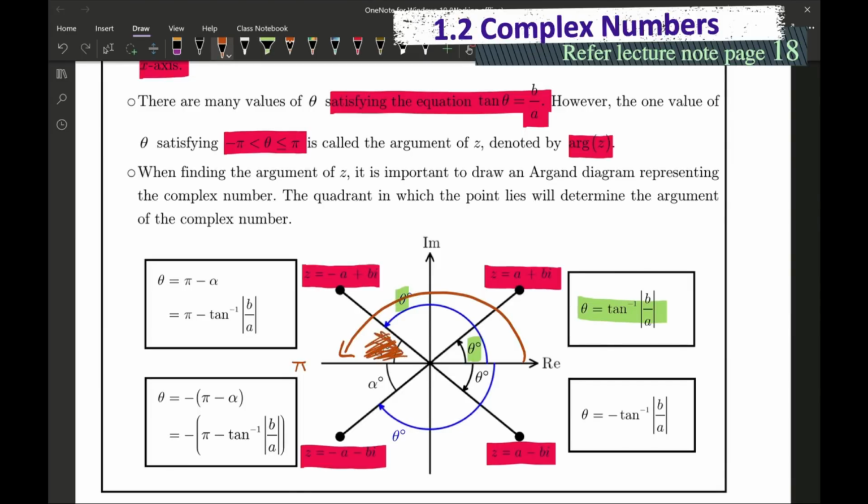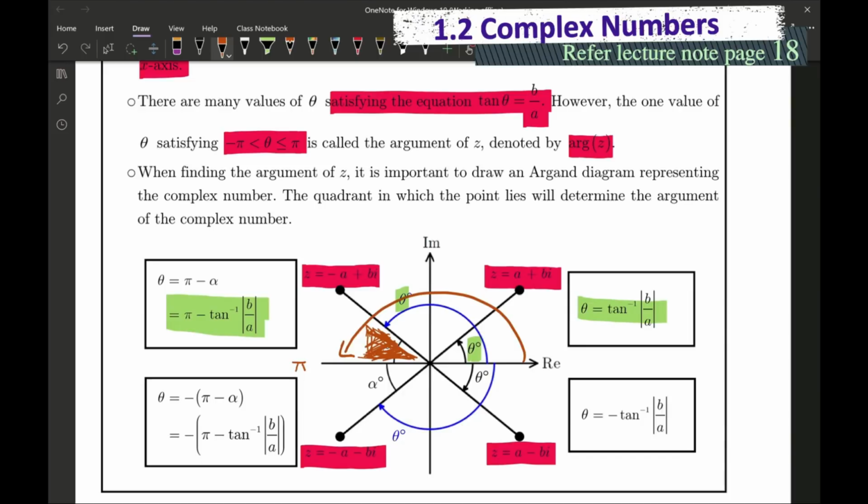That's why the way to find our theta is pi minus tangent inverse of modulus of b over a. We subtract this area, and we get the value of theta that we want. So if it is in the second quadrant, we must use pi minus tangent inverse of modulus of b over a.